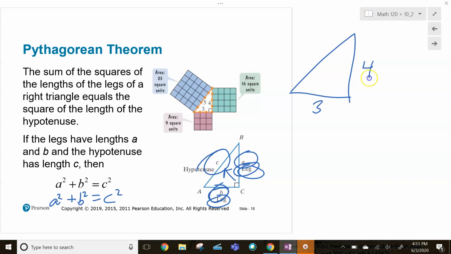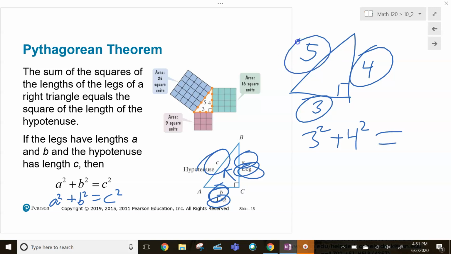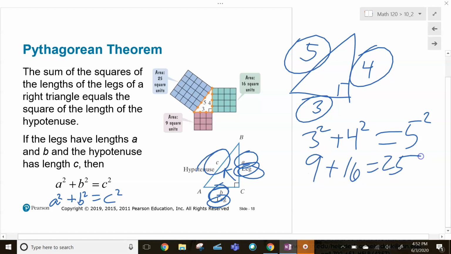You've got a 3, 4, 5 triangle. And this is saying, 3 squared plus 4 squared must equal 5 squared for a right triangle, right? In other words, 9 plus 16 equals 25. You notice they're showing it to you. A 3 by 3. In other words, there's 9 square units in here.